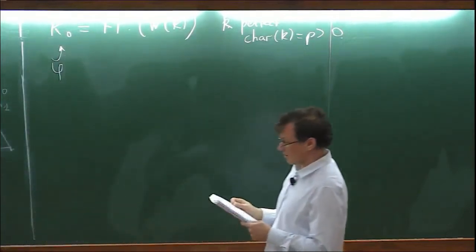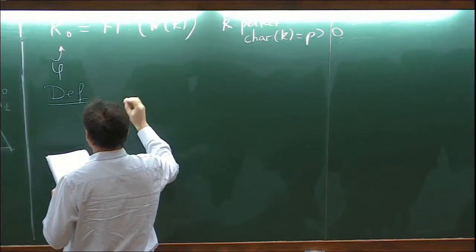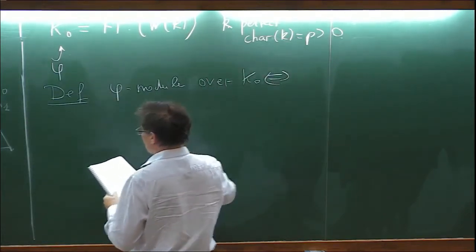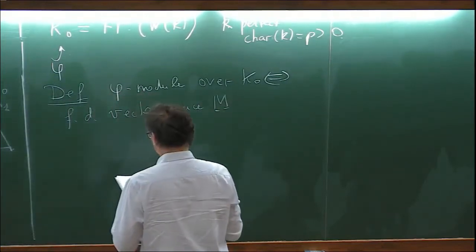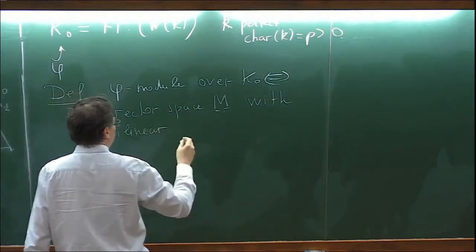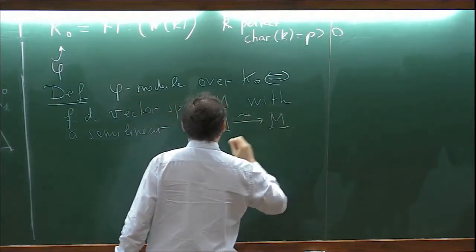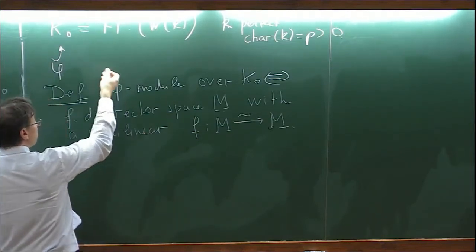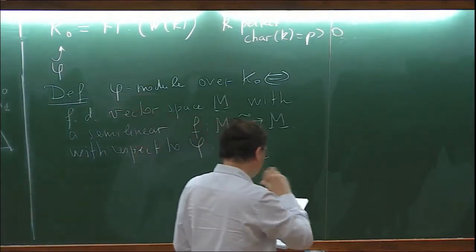Okay, so let's consider the absolute Frobenius φ acting on K_0. Today, for us, a φ-module over K_0 is by definition a finite-dimensional vector space M with a semilinear isomorphism F, semilinear with respect to φ.